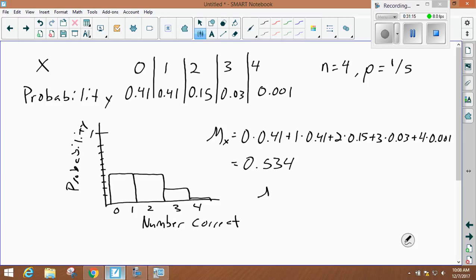For a binomial random variable, we should be able to multiply n times p. They're supposed to be equivalent.